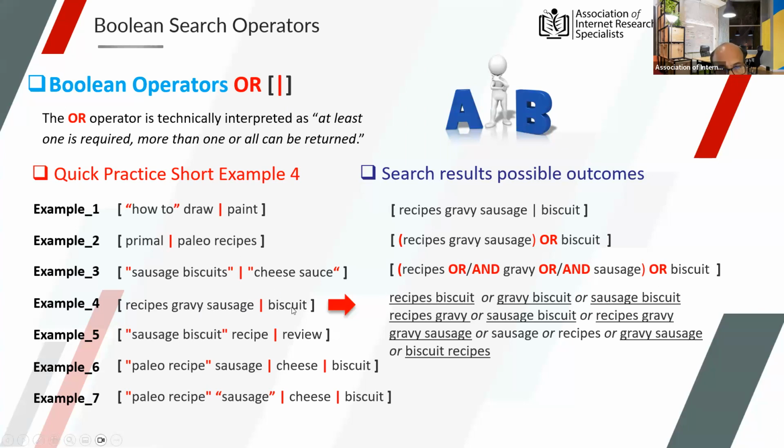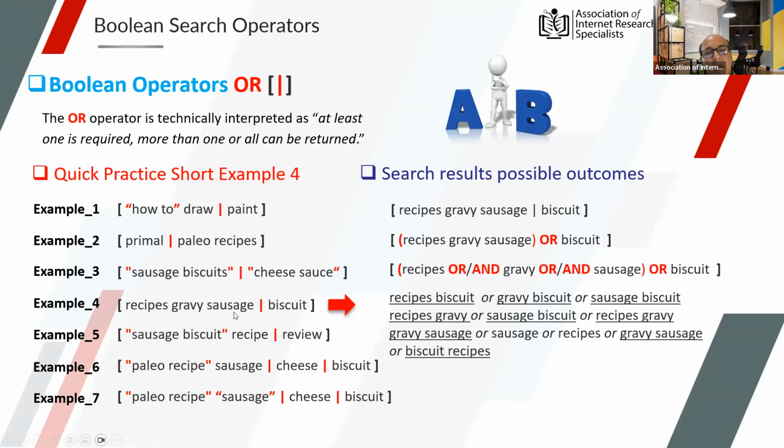And if we want to emphasize that the word biscuit should be found, you will be surprised to see that the word biscuit is not even showing in the search result. Even if you put the word biscuit within quotes, it will not be emphasized as if it is a mandatory return.